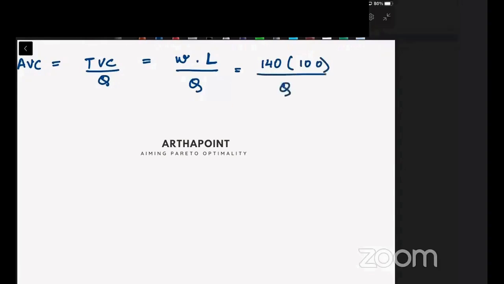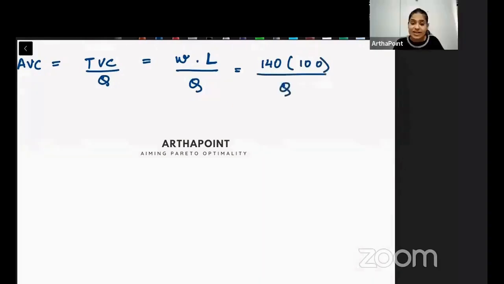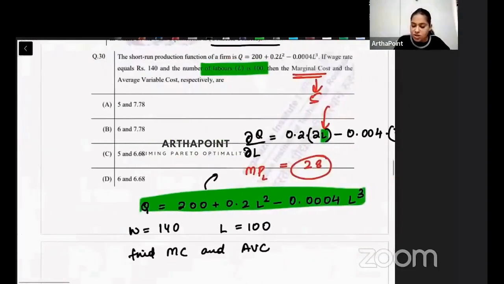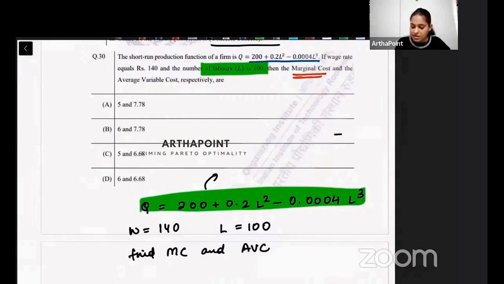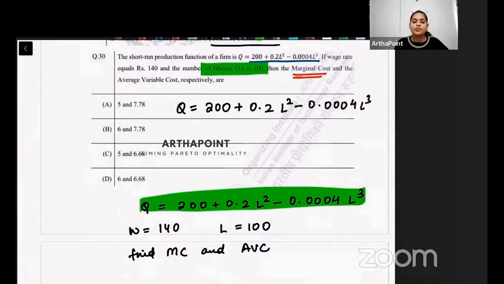Now this Q is given to you. What is this Q exactly given as? This function is given, right? In this Q I can put L and get the value of quantity. So Q is equal to 200 plus 0.2 L square minus 0.0004 L cube.